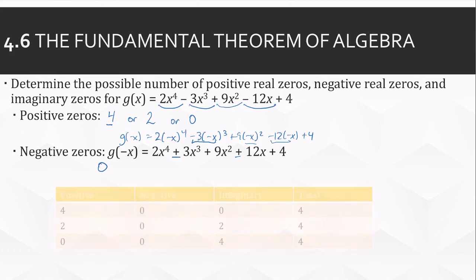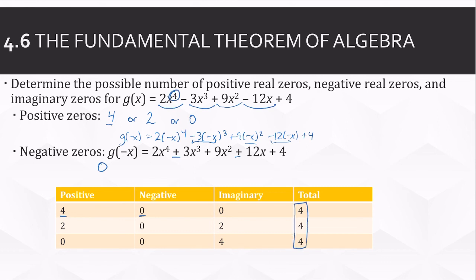So we could summarize in a table. If we have 4 positive real zeros, no negative real zeros, notice it's x to the 4th, so we always have 4 total zeros. So 4 of them are positive and none are negative. That leaves 0 for imaginary.